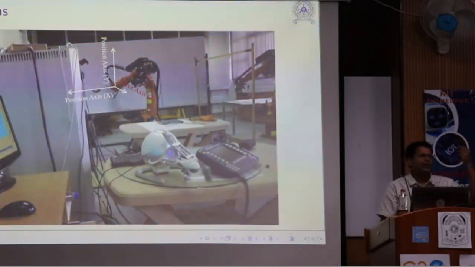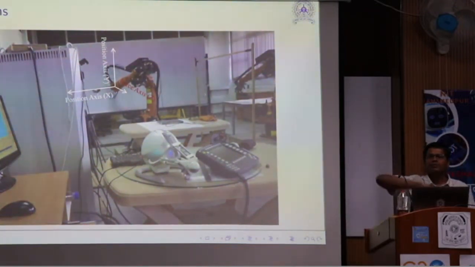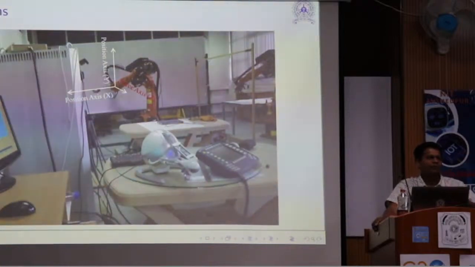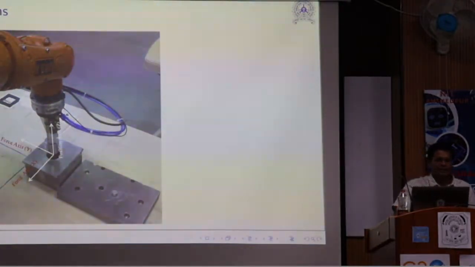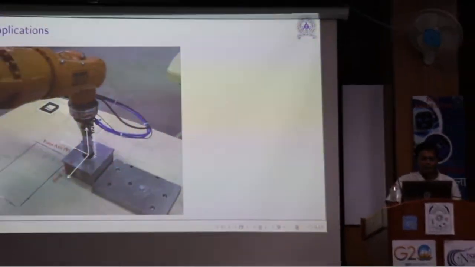Without having a sensor, you write with a position-controlled programmed robot, and you can have a spring fitted at the end. Forces will not be uniform in that case, right? But you can manage to write some. This is one example.